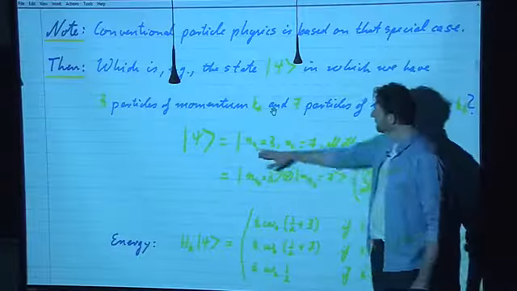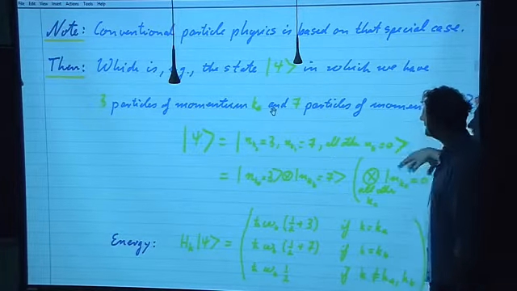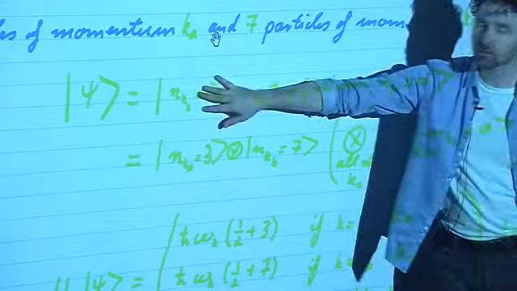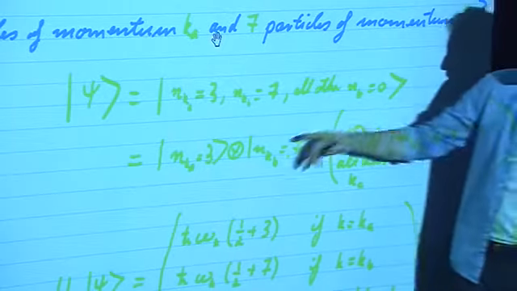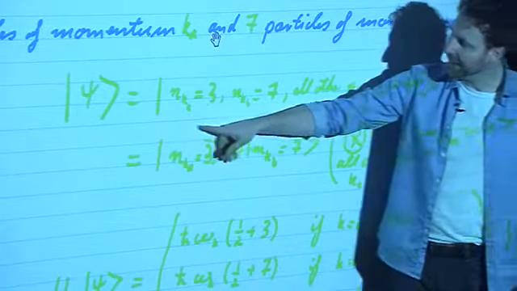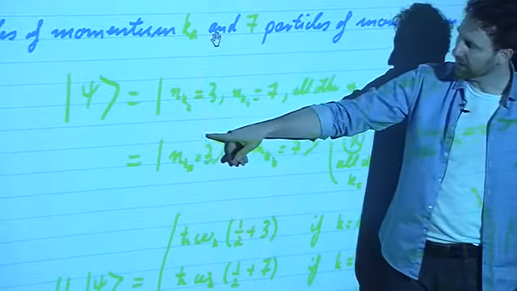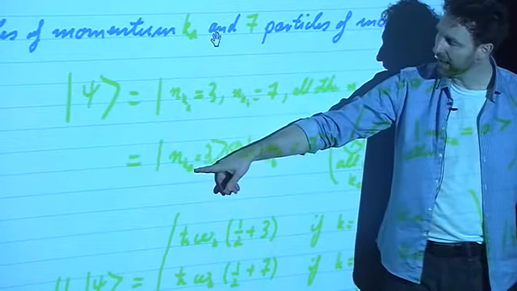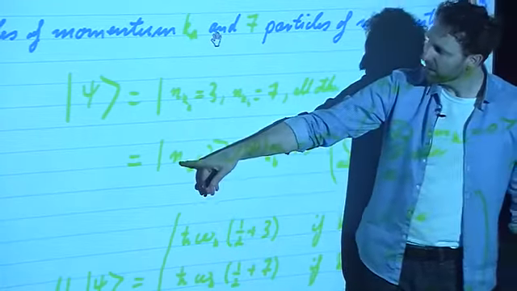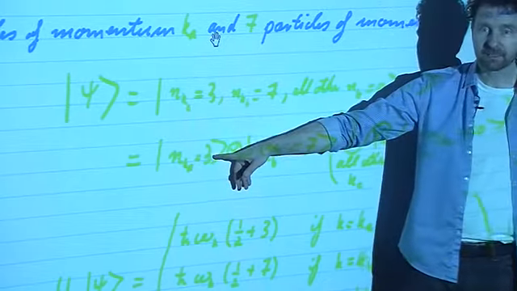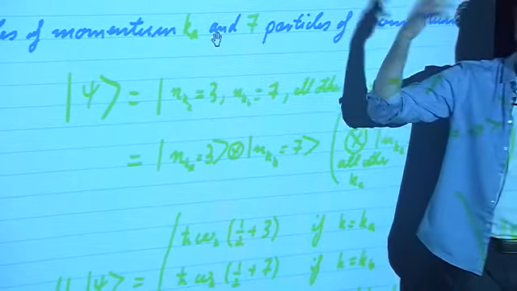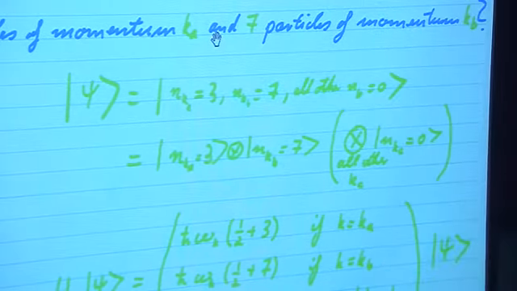Explicitly, this means that this state is the tensor product. This is just a convenient way of writing it, but really it's the tensor product of the eigenstate of the harmonic oscillator of mode Ka with excitation level n equals 3. So it's really described by the Hermite function of the 3rd level.